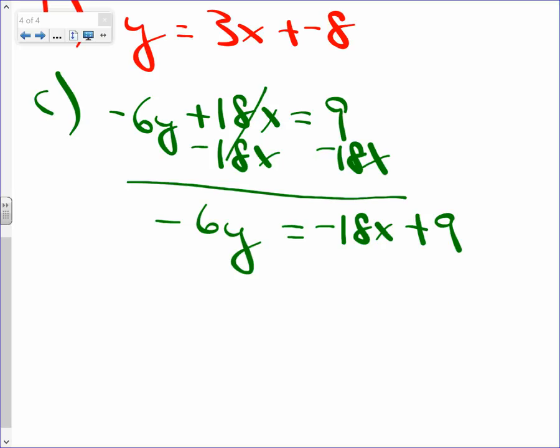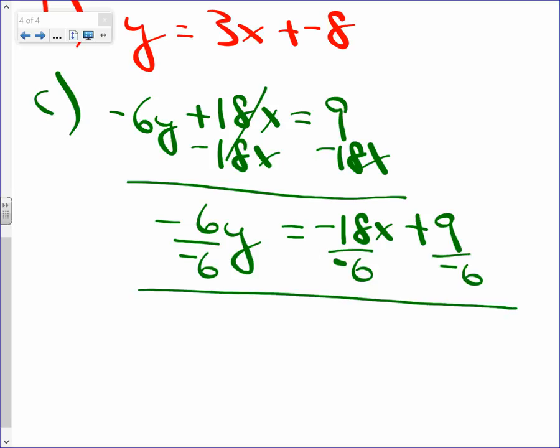We want to get y by itself now. Tell me what to do first. Let's get y alone. Gonzalez, what should I do to get y alone? Close. Divide by negative 6.